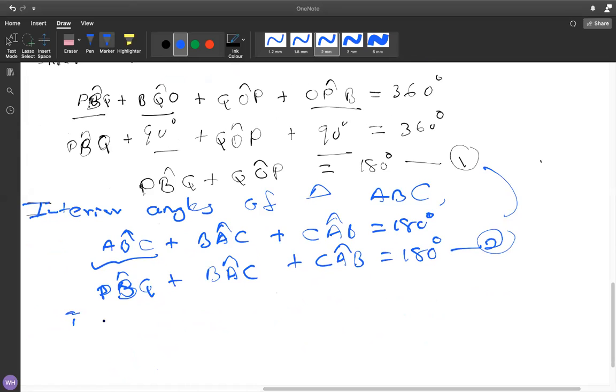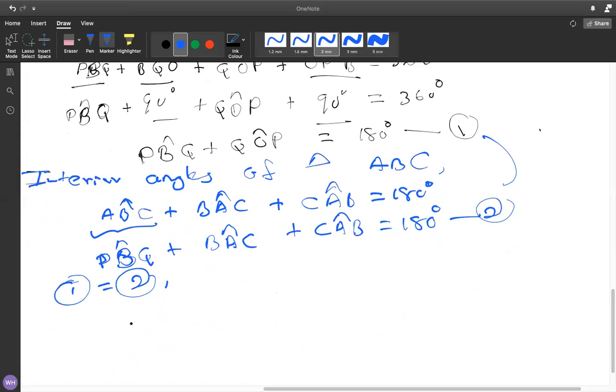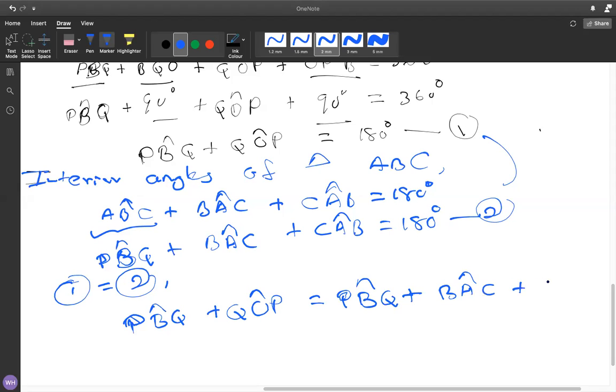Therefore, the first equation equals the second. Therefore, PBQ plus QOP will be equal to PBQ plus angle BAC plus angle ACB.